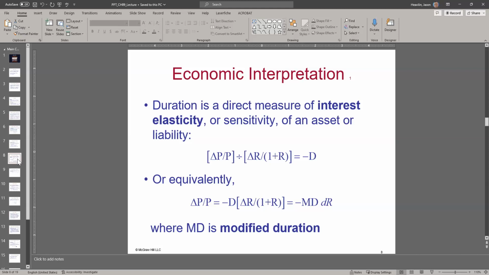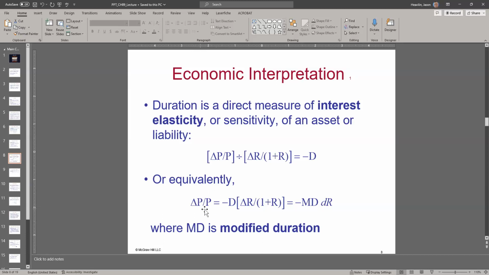Okay, so first you'll have to calculate duration. For that, we have a video with an Excel sheet example of how to calculate duration and modified duration for that matter, and you can watch that in order to follow along. Once you have calculated duration, that's where this negative D comes into place. The calculation gives you D for duration, but since this is equivalent to the negative of that duration, you can move the formula around because what you're looking for is the change in price.